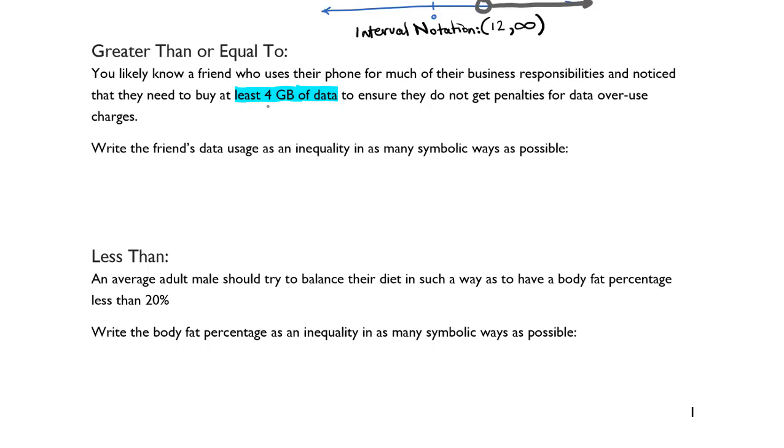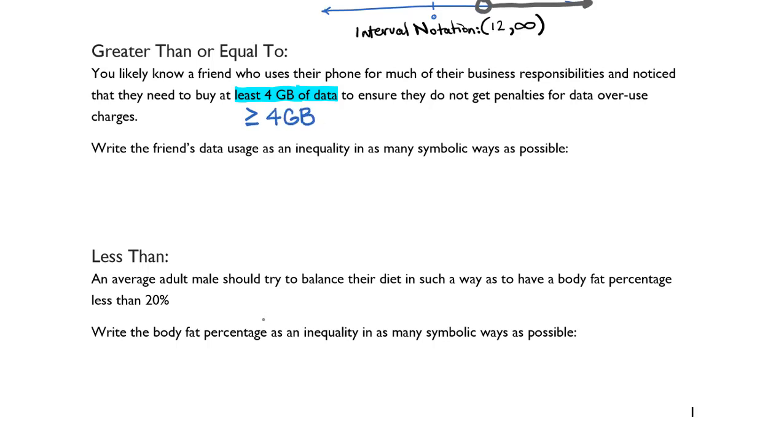So first I'm going to just write at least here, so it means that it's greater than or equal to, meaning you could have 4 gigabytes of data, or anything more than that will be okay, but you can't go smaller. And we can write it as 4 gigabytes here.